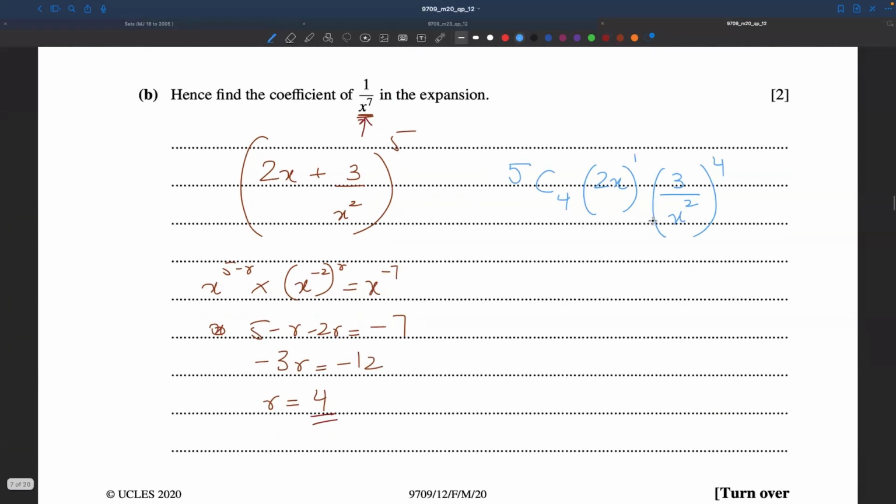Now 5C4 is 5. 5 into 2x times 3 to the power 4 is 81, upon x power 8. Am I getting x power 7? Yes, I am. So 1 upon x7 is over here. 5 times 2 is 10. 10 times 81 is 810. And this is the coefficient of 1 upon x7. This will be your answer. Make sure you exactly make a box like this in your exam as well.